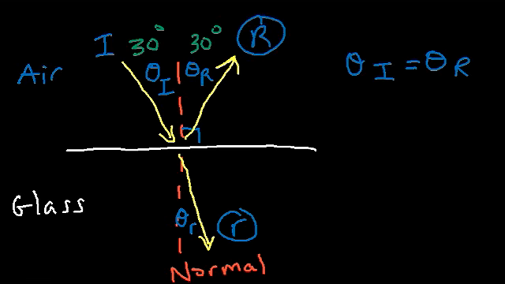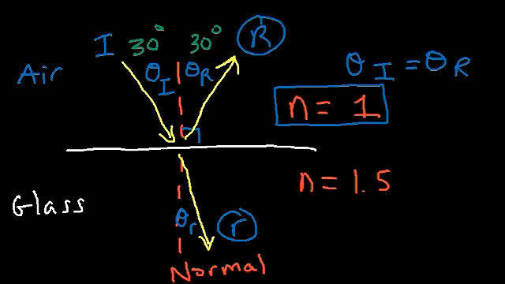Now there's something called the index of refraction, and it measures how much light bends as it passes from one material to another. The index of refraction for air is about 1. The index of refraction for glass is roughly 1.5. Notice that the light ray travels from a low n value to a high n value.